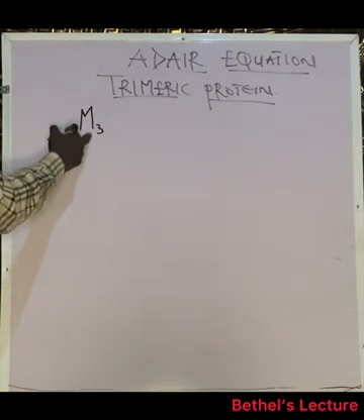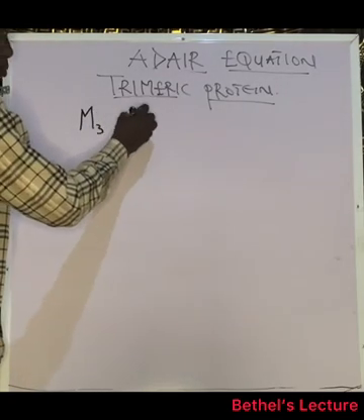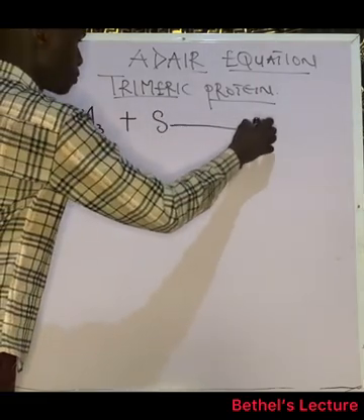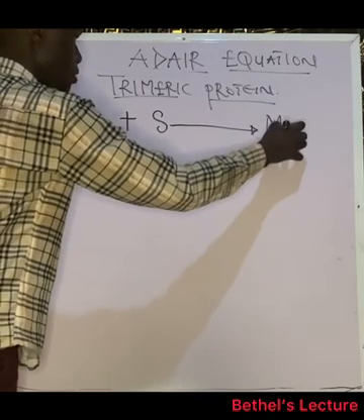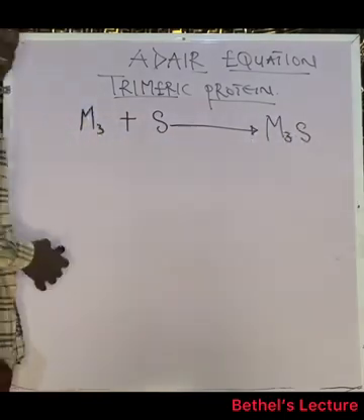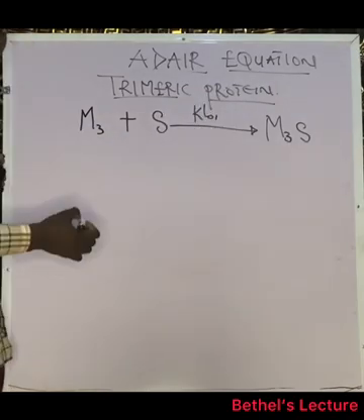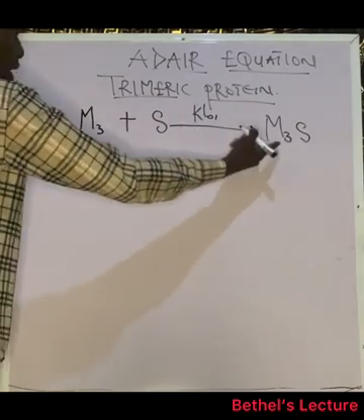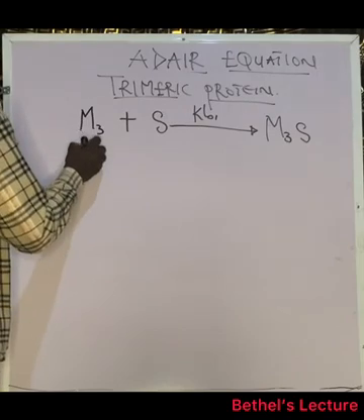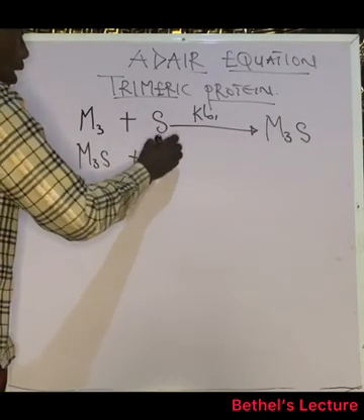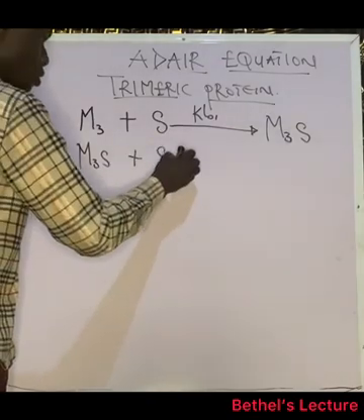Then M3 will combine with the substrate, and it will give you M3S. Then you will be tempted to call your KB1. You are correct to do that. Then I can also take this one again, M3S plus another S.